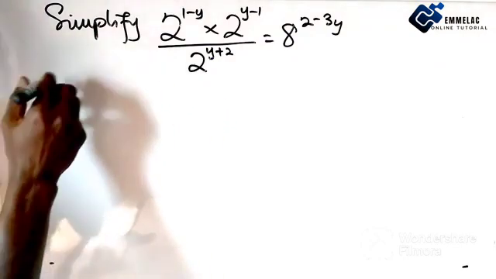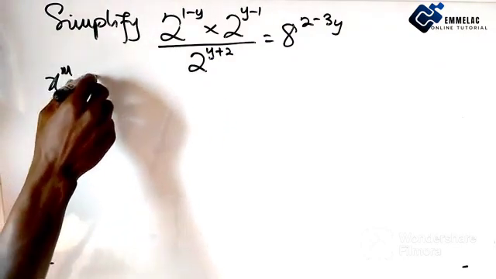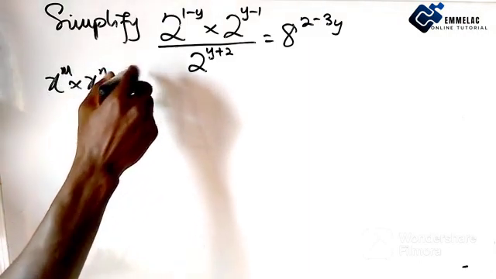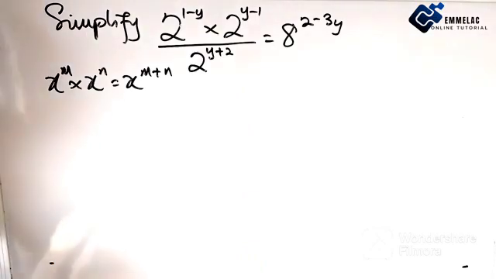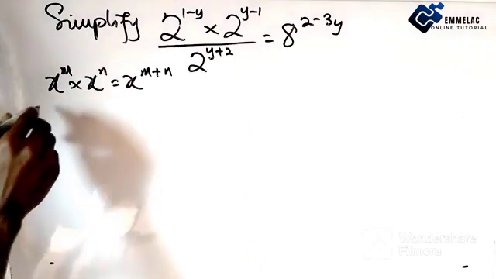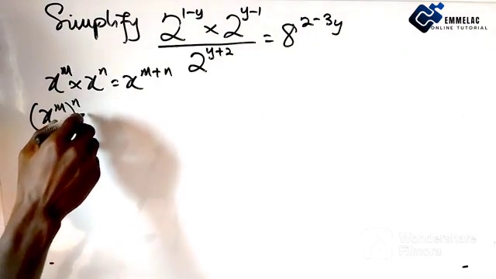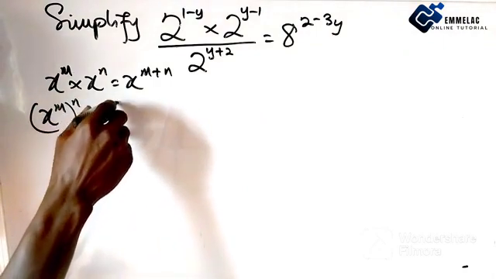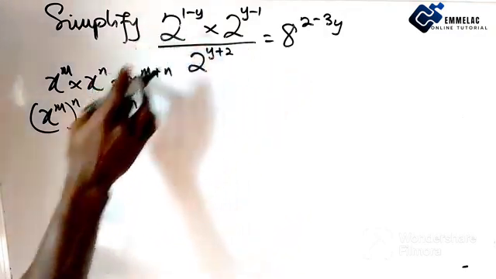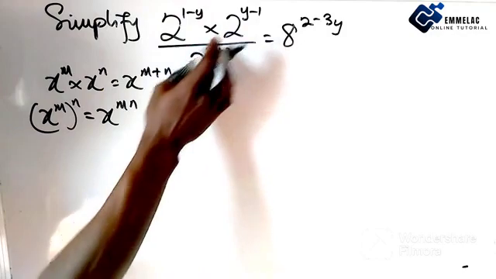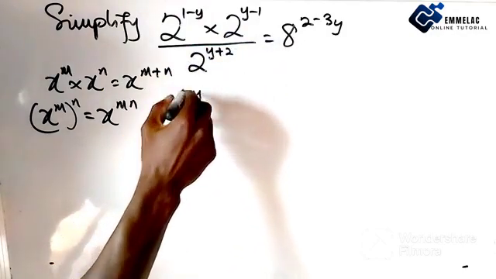Now let us recall a rule in indices that x to the power m times x to the power n equals x to the power m plus n, right? Applying that rule here, since they have the same base, here you have 2 raised to the power 1 minus y.